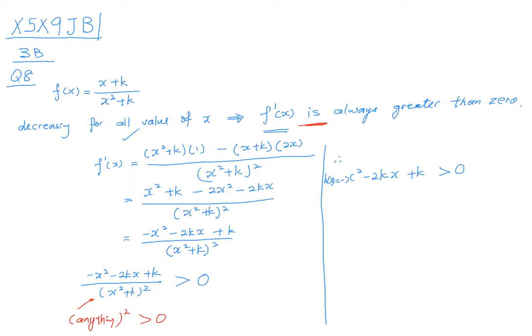Because a is equal to -1, the shape of the graph is this. So in order for this to be greater than 0, your graph must be like that. So you must have 2 x-intercepts.